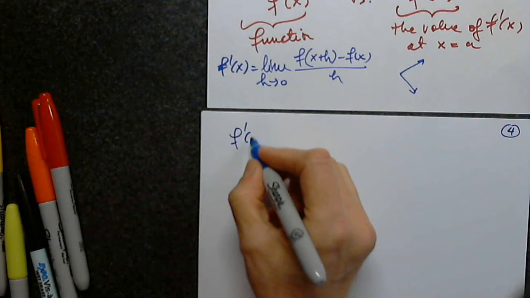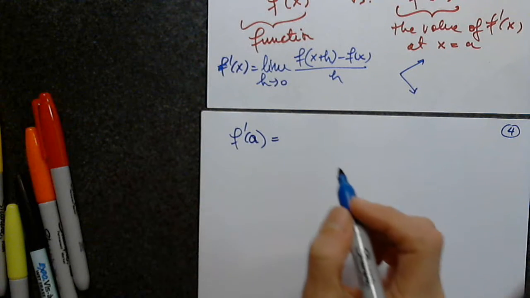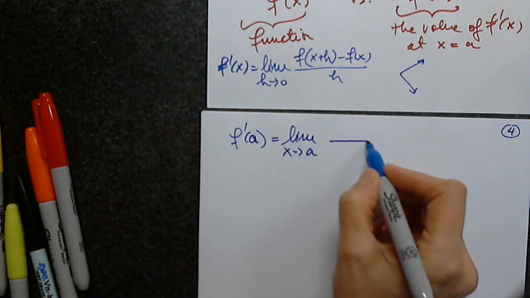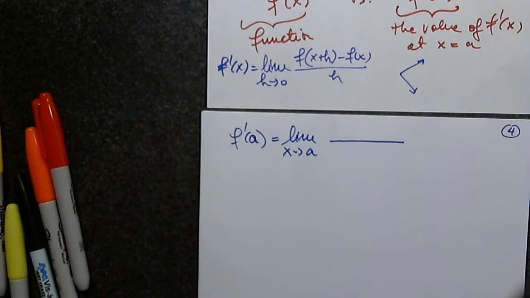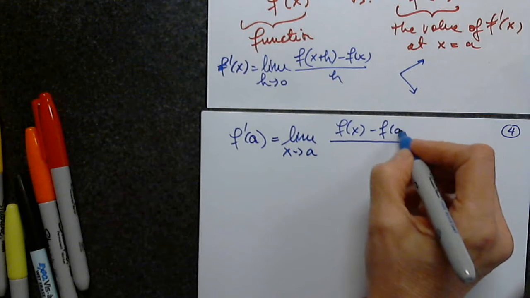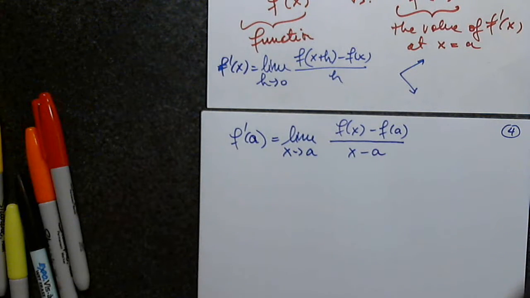So the first definition for f prime of a is the limit as x approaches a of f of x minus f of a divided by x minus a.